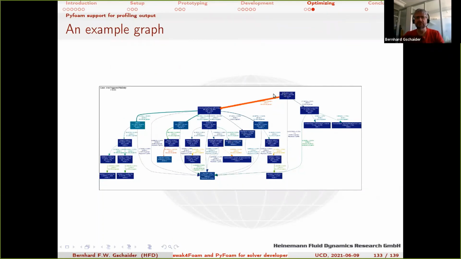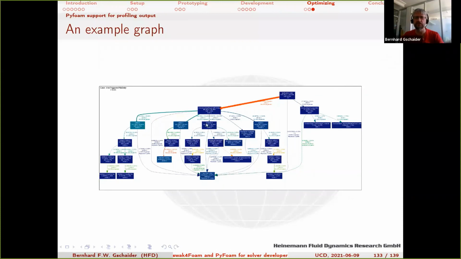Basically, you see here this has this child node. The nodes are colored according to the time that they use themselves, and these arrows are colored according to the amount of time that is spent there.